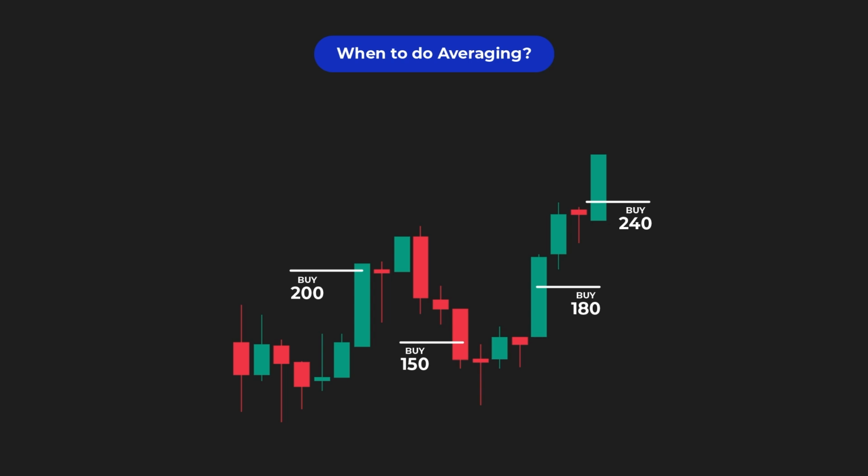You should be very clear about that. If you are only averaging on your losing trade, you will end up losing a lot, because one time if it goes in the opposite direction, all the profit you would have earned without averaging would have been wiped out. So always do averaging on both sides, on profit making trades as well as on loss making trades.